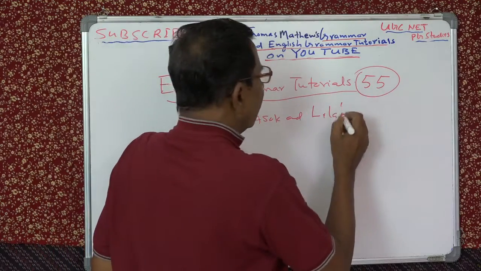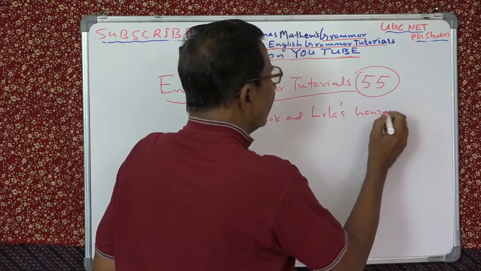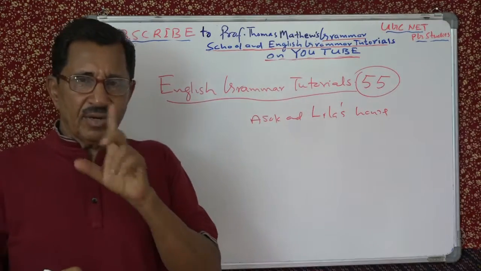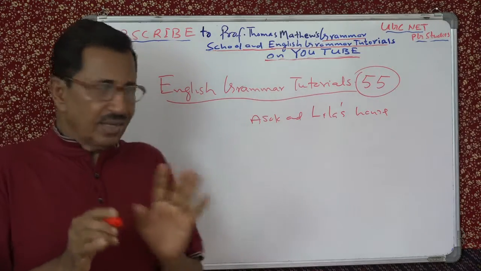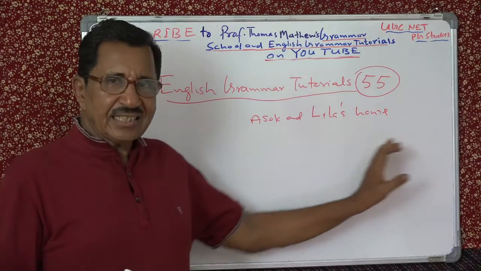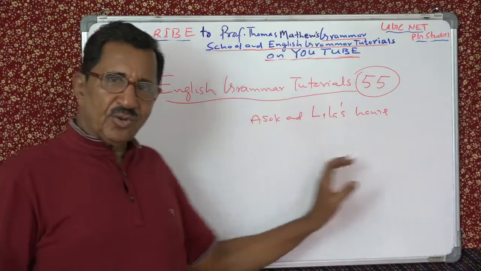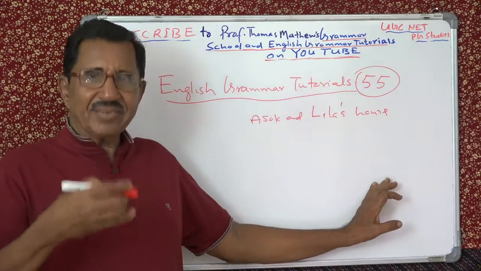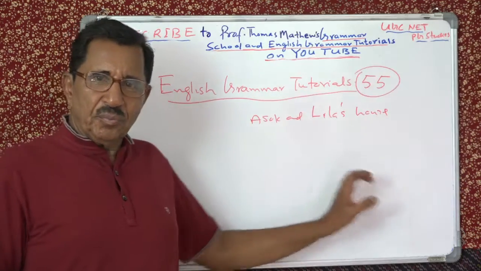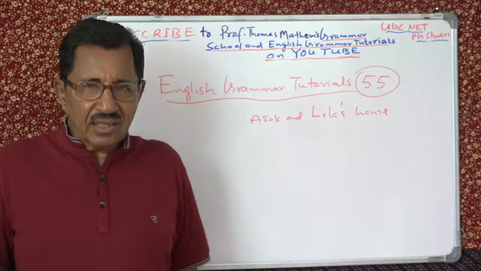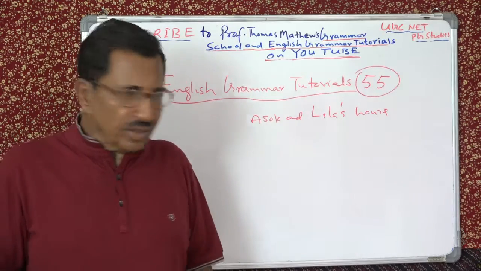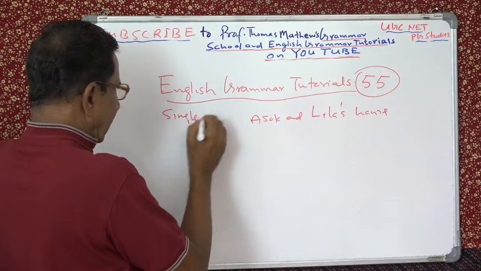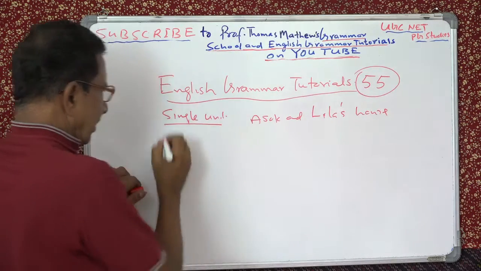Ashok and Laila's house. They are husband and wife, together as one unit. Ashok and Laila's children. Ashok and Laila's shopping complex. There are two, but the last one takes it because it is a single unit. So if it is a single unit, the second one.